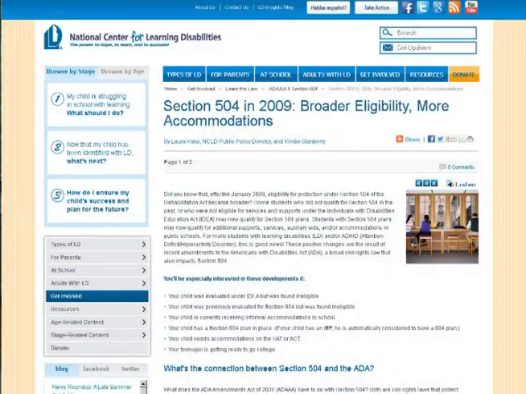So an important thing to know is Congress updated the Americans with Disabilities Act in 2009. And because the ADA is an umbrella law over other laws, including Section 504, there were some important updates that you should be aware of, especially if your child was evaluated for IDEA and wasn't found eligible.